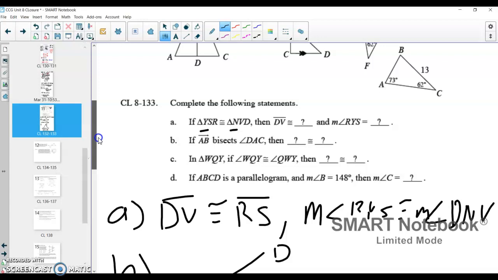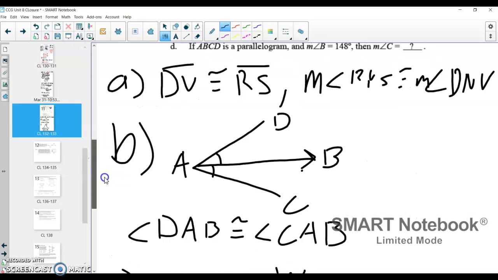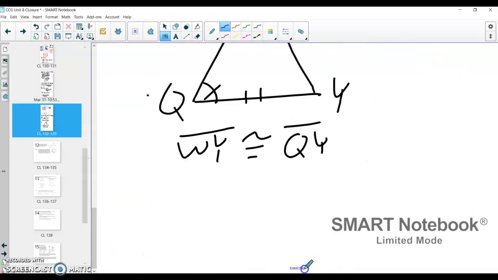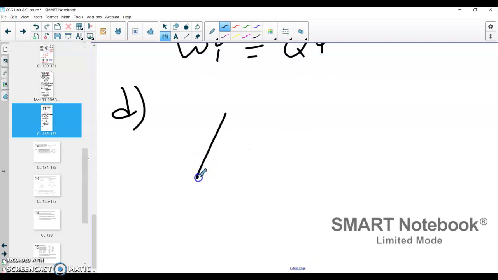Last part here in part D, ABCD is a parallelogram, and I'll try to draw that out. And it's not bad.